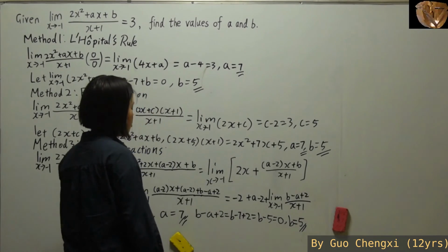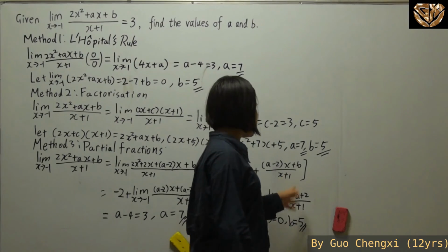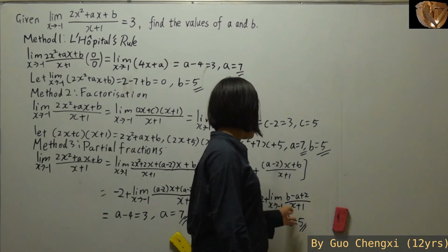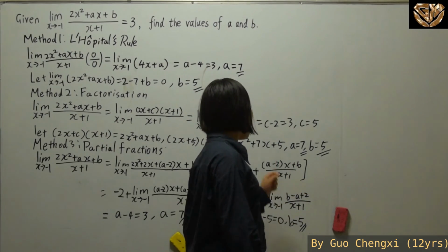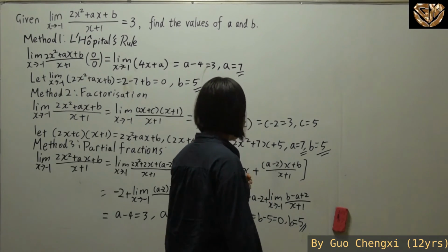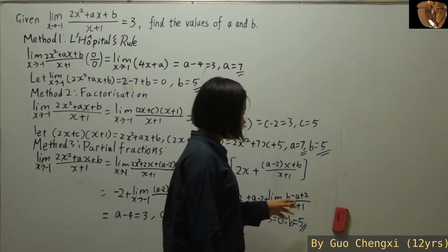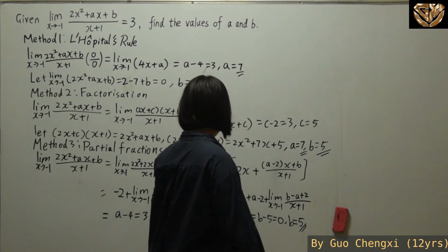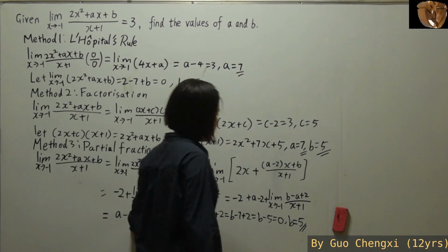And once we get there, we know that the denominator is 0, so this approaches infinity. Well, the numerator will have to be equal to 0, so that this part will become 0, and we can get our result of 3 here.